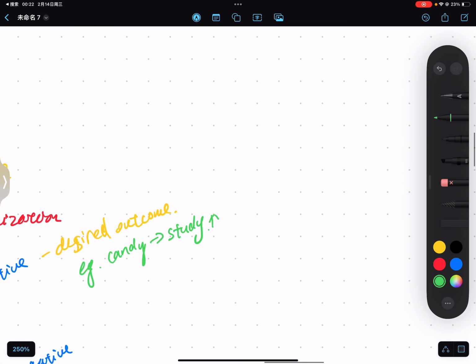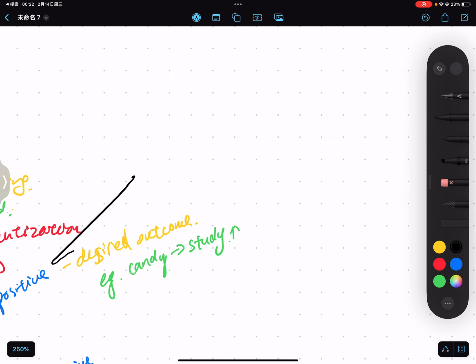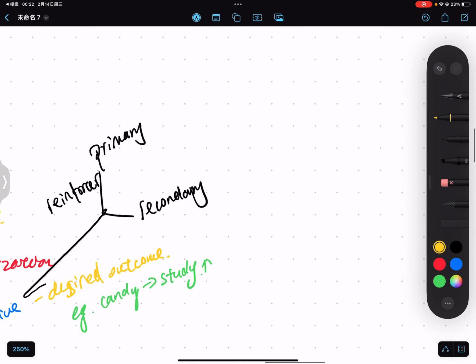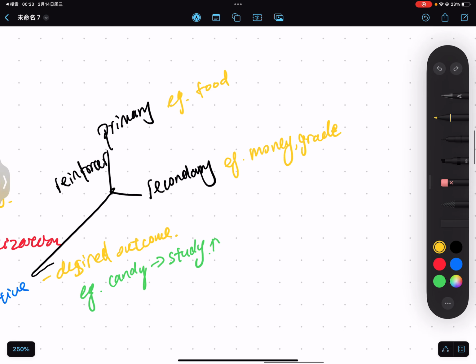For the reinforcer, we have two types: primary and secondary. The primary reinforcer is innate and not learned, for example food. The secondary is what you learn from the environment, like money and grades. So candy is an example of a primary reinforcer.